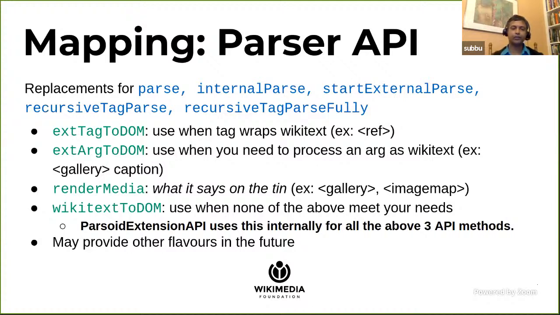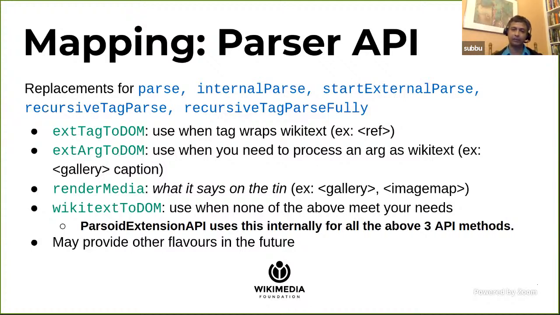So in Parsoid, use one of these following methods. If you need to convert your tag to DOM, like the ref tag, then use xtag to DOM. If your extension has an extension argument that behaves like wikitext, for example, gallery captions, then use the xarg to DOM. If you have wikitext that behaves like media and you need to render media, then use the render media method.